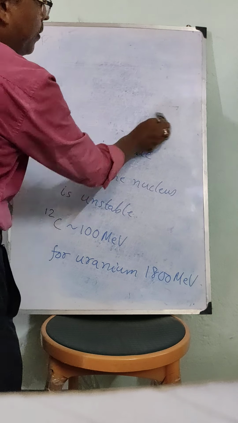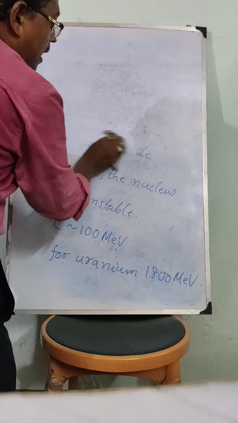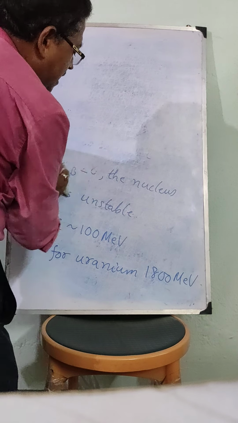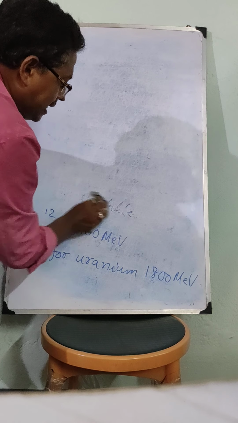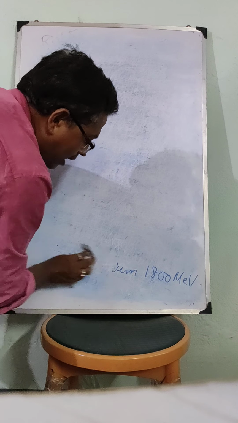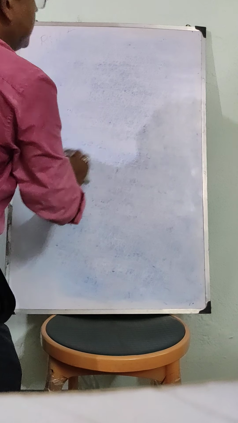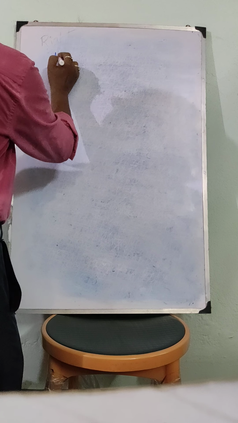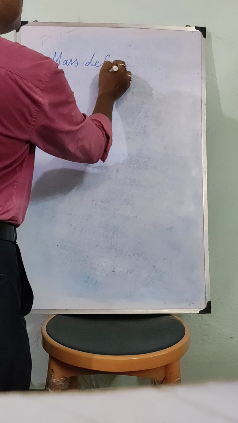See, normally when we measure the atomic mass, it is not exactly a whole number, but it is close to a whole number, and that whole number is the mass number of the atom. So we are talking about mass defect.